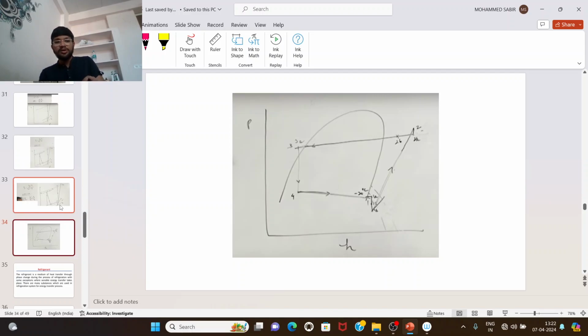One is the momentum loss, and the other is due to friction, because it converts the liquid medium to gases, due to momentum gain. Okay, this is the simple actual vapor compression cycle.